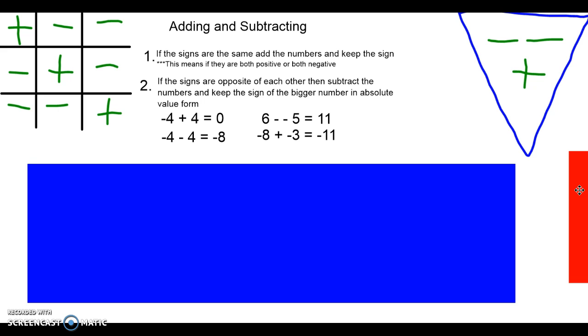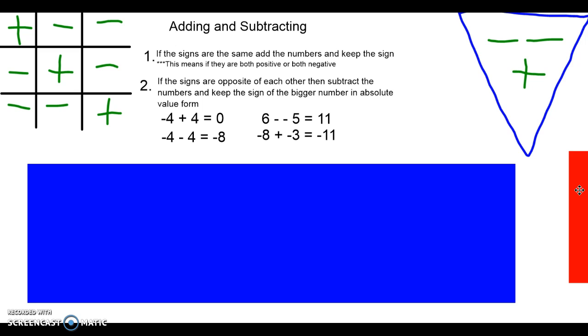Same thing you've always done. That's typically 3 plus 3 is positive 6, except we haven't referred to it as positive in the past. We just refer to it as 6. But now we also have where it could be negative 3 plus negative 3, and since both of them are negative, we're going to keep our negative sign, and that becomes a negative 6.